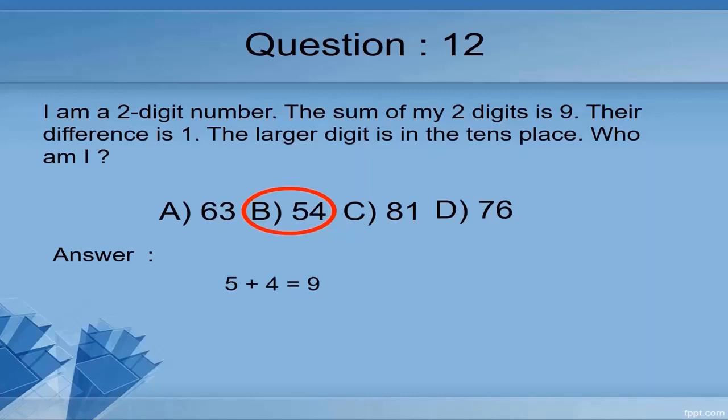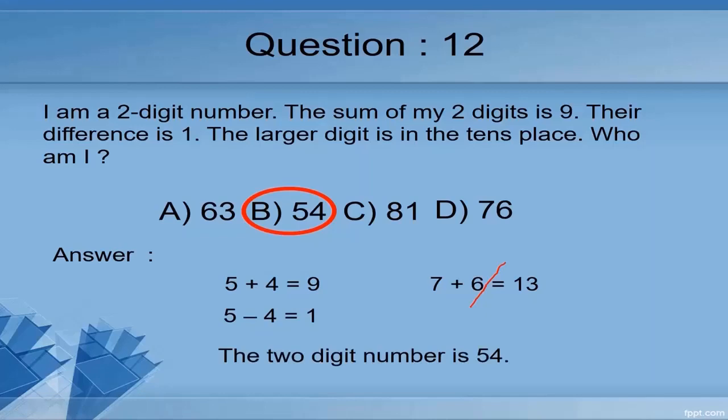This is correct. 7 plus 6 is equal to 13. This is wrong because it says that the sum of my 2 digits is 9. So I will cut it. So now let us see the other option if it's satisfying. 5 minus 4 is equal to 1. The 2-digit number is 54.